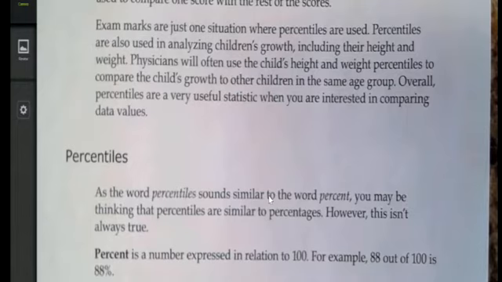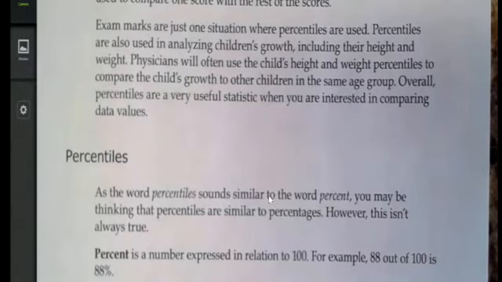Physicians will often use the child's height and weight percentiles to compare the child's growth to other children in the same age group. Overall, percentiles are a very useful statistic when you are interested in comparing data values. You're looking at comparing one piece of data to the rest.